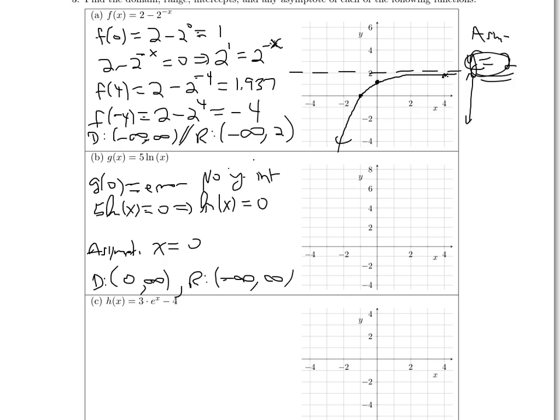And then if I rewrite this using exponential form, it would be e to the 0 equals x. Right? This is a log base e, and so its inverse is going to be exponential base e, but the output becomes the input, and the input becomes the output. And so don't forget that raising something to a 0 power is 1. So there's an x-intercept at (1, 0).